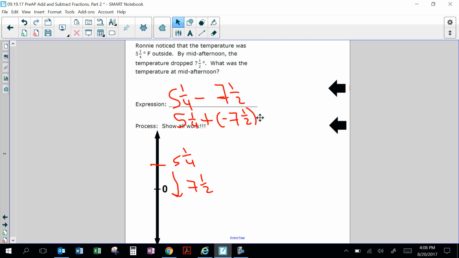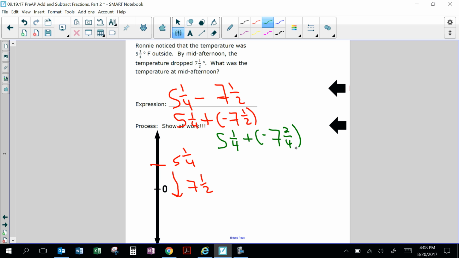So what denominator do 5 1/4 and -7 1/2 share in common? They share the fourths in common. So we have 5 1/4 plus -7. Multiply the numerator and denominator by 2, so it'll be 2/4. So now, this is where it gets a little harder.